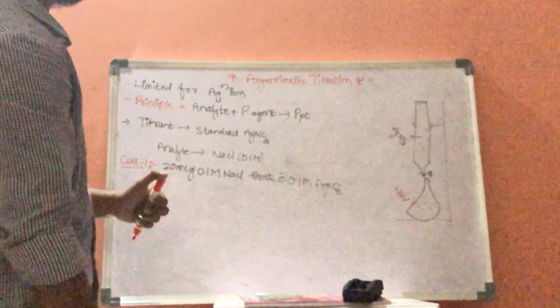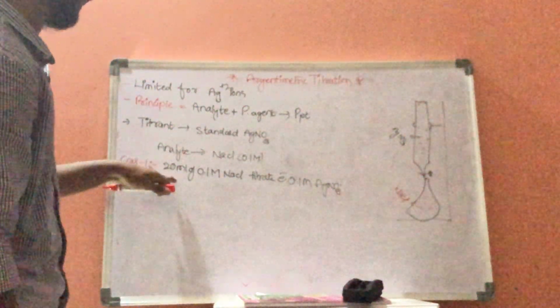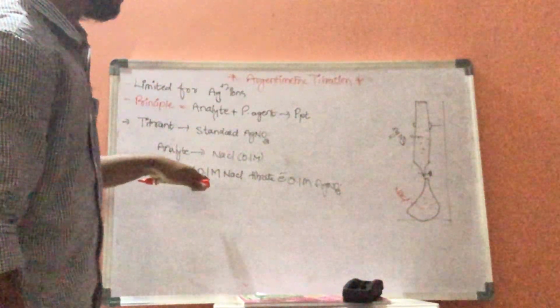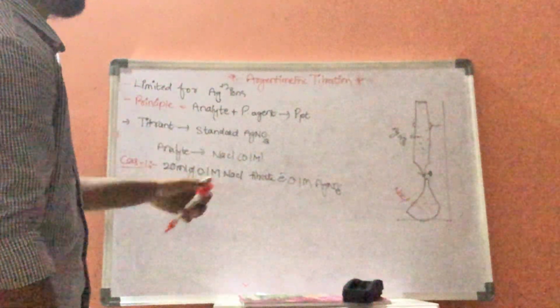This is the first case: 20 ml of 0.1 molar NaCl titrated with 0.1 molar AgNO3.